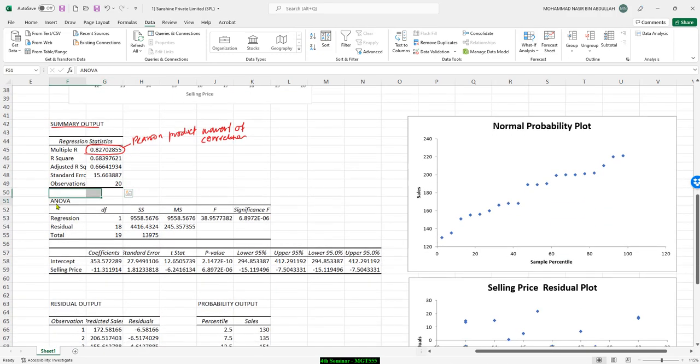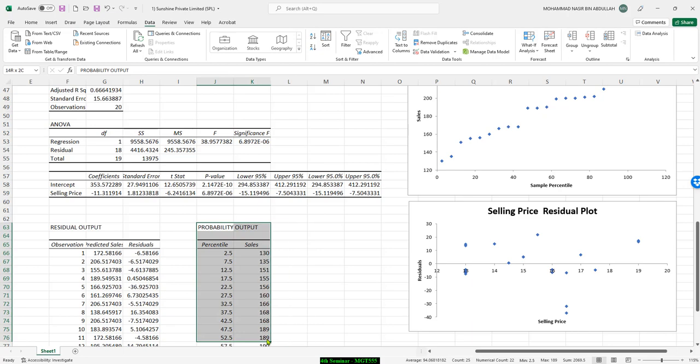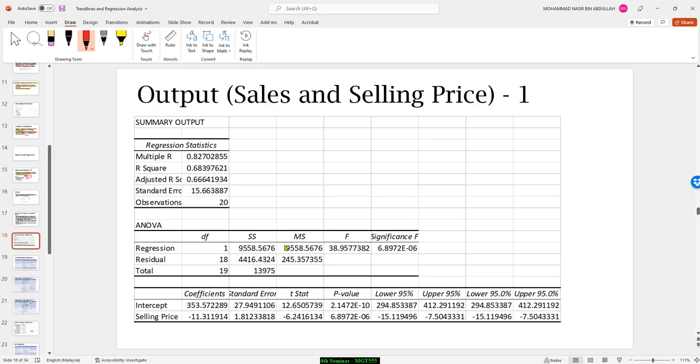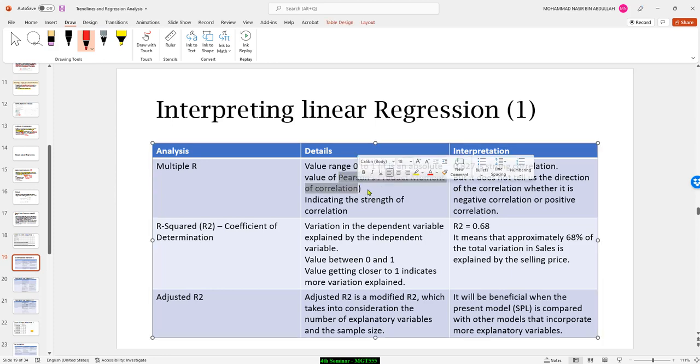And we have ANOVA table and the regression table, coefficient table. And we also have a residual output and probability output, right? So now, let's look at the slide, right? Interpreting linear regression: multiple R means this is a Pearson product moment correlation lah, indicating the strength of correlation.